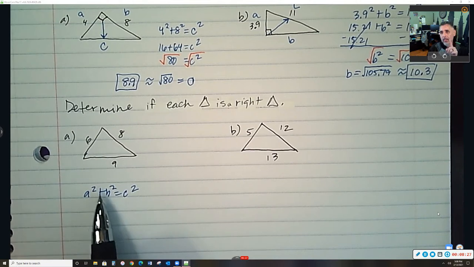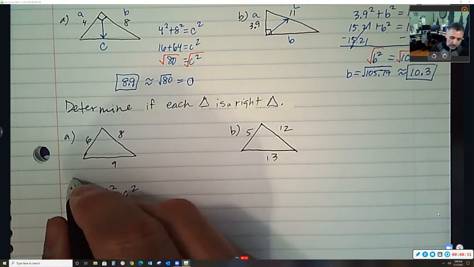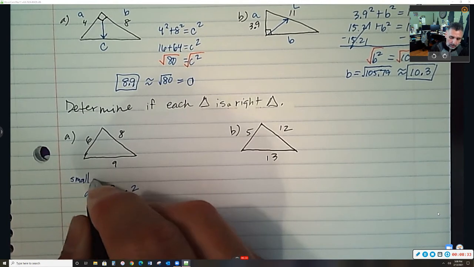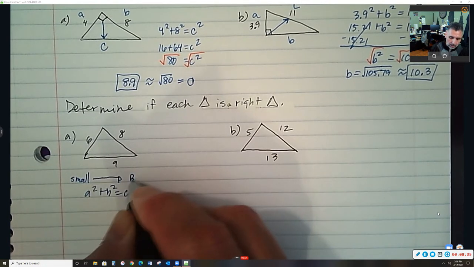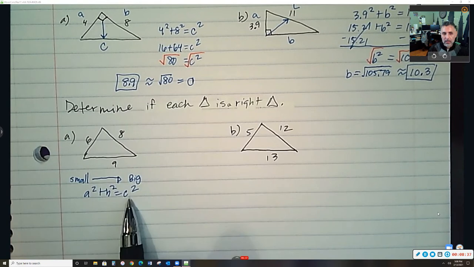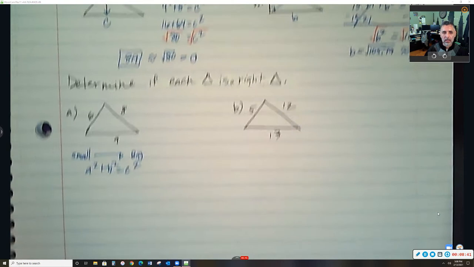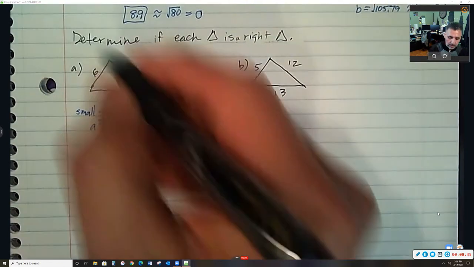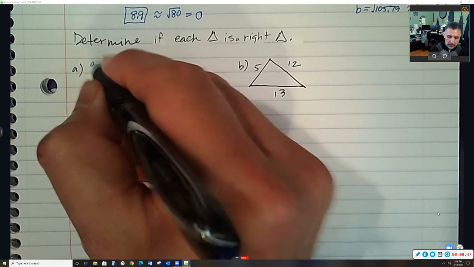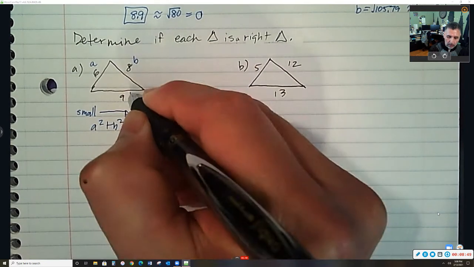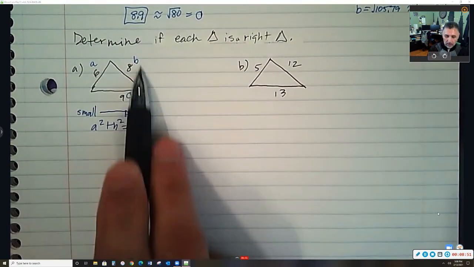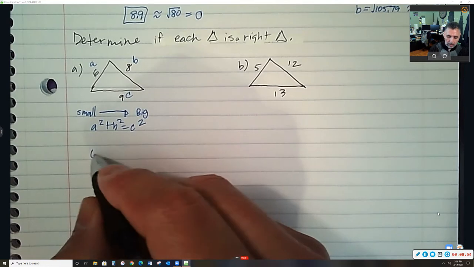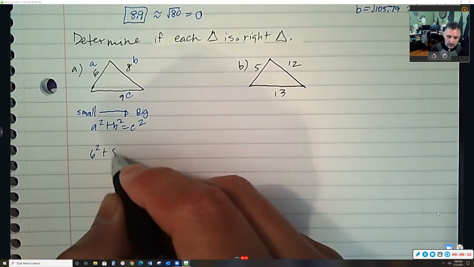Now the only thing on these, definitely put it from smallest to biggest. You'll notice C, the hypotenuse, is always the largest value. Okay. So if I look at A, that one would be A, that one would be B, that one would be C. Smallest to biggest. So then put it into the equation.